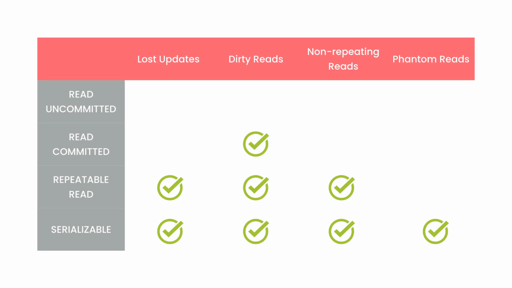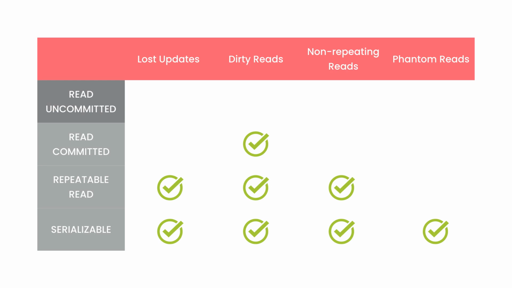So the fastest isolation level is read uncommitted because it doesn't set any locks and it ignores the locks set by other transactions. For this reason, you may experience all concurrency problems. As we go down this list, we get better protection from the concurrency problems, but that also means we're going to use more locks, and this requires more resources, which can hurt performance and scalability.